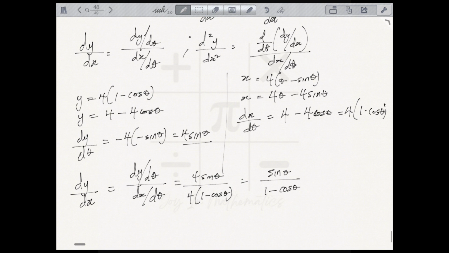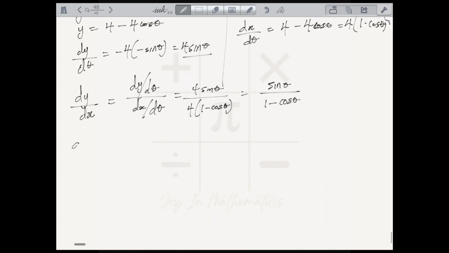The next thing we are going to do is to evaluate d²y/dx². The d²y/dx² is d/d theta of dy/dx divided by dx/d theta.